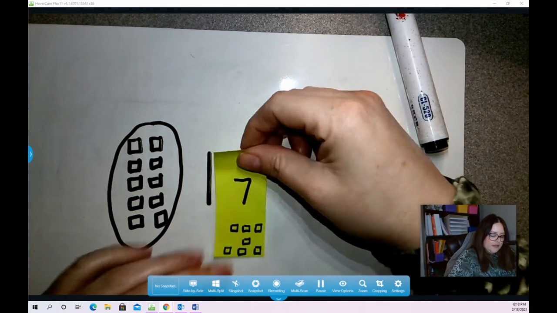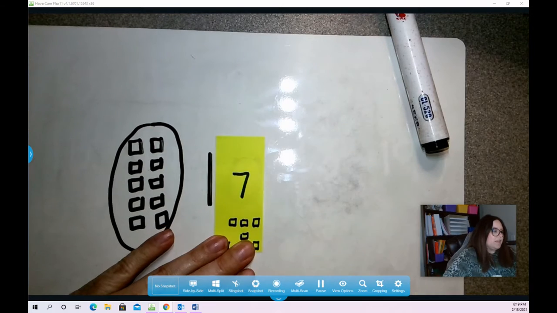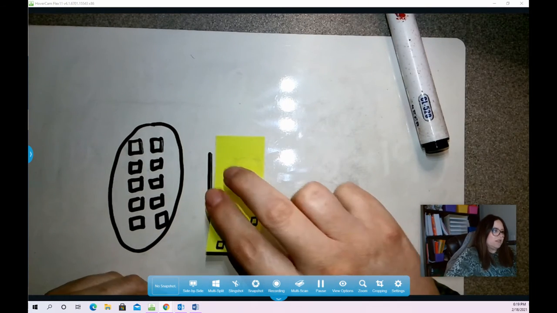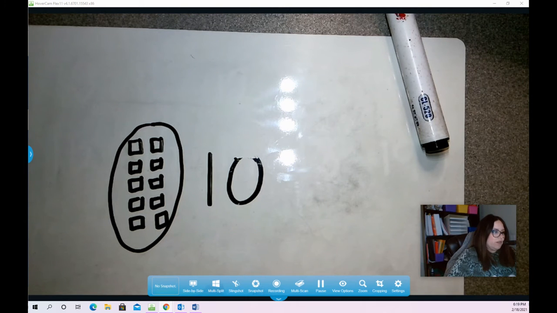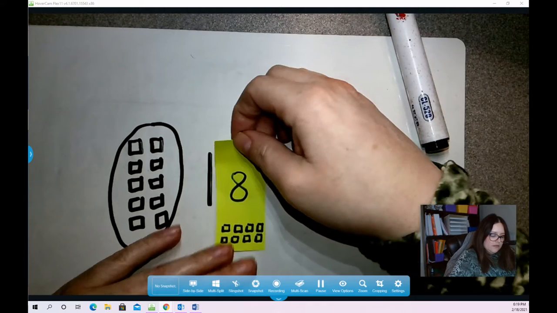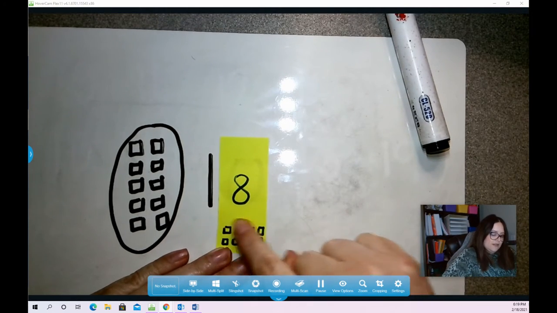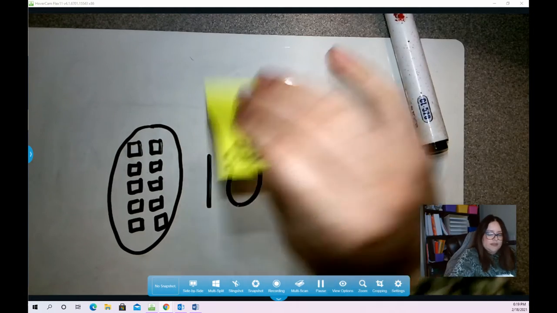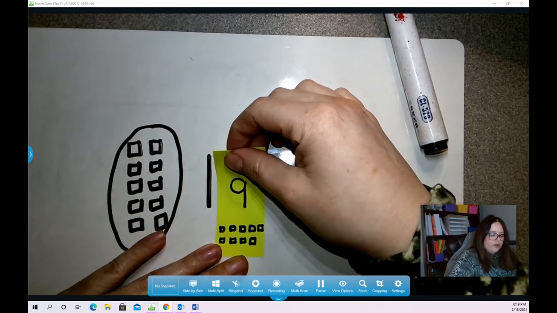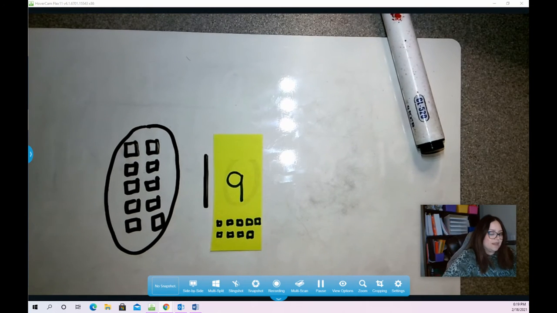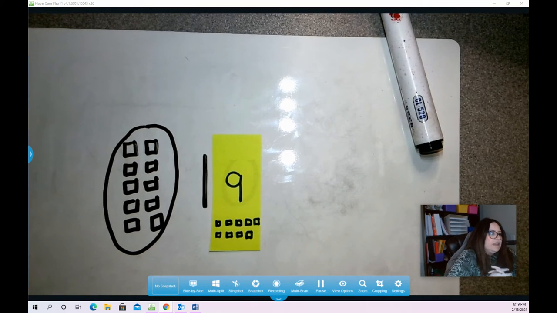One group of 10 and 7 more makes 17. One group of 10 and 8 more makes 18. And finally, one group of 10 and 9 more makes 19.